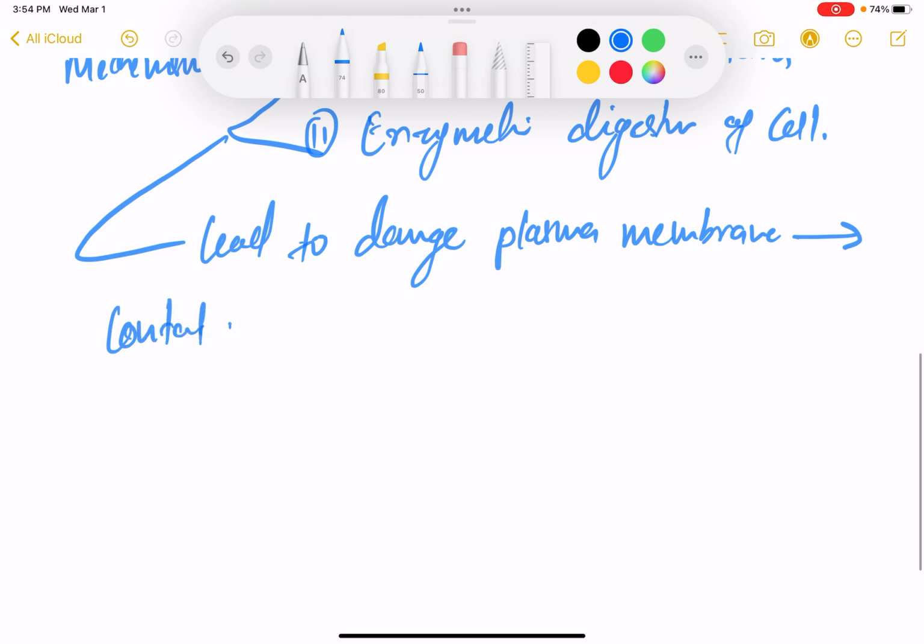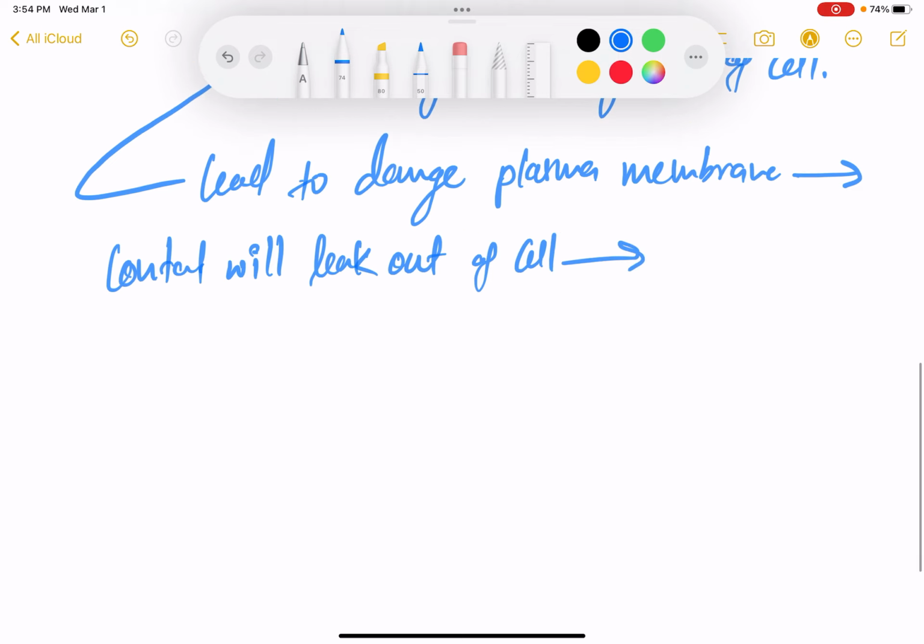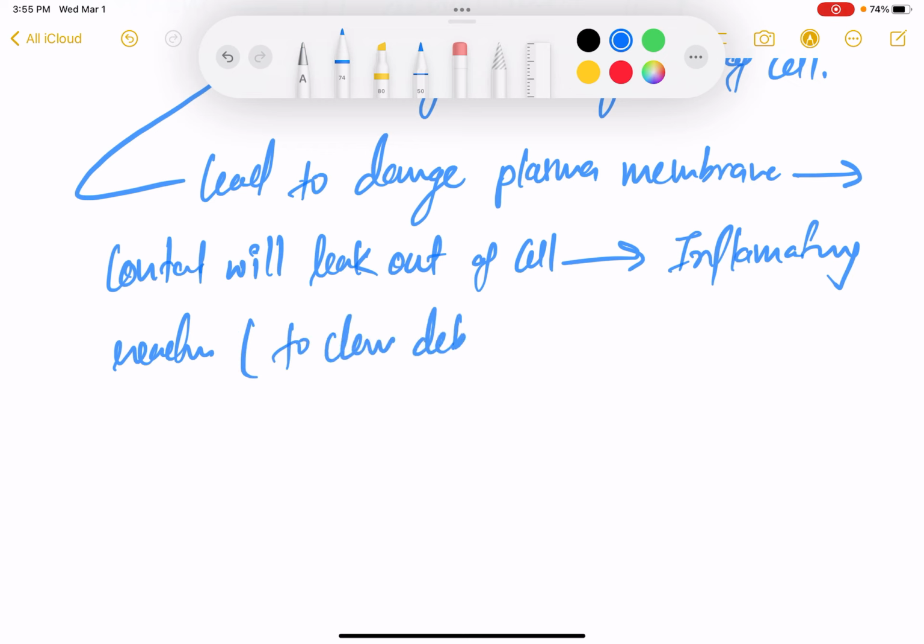When content leaks out of the cell, an inflammatory reaction occurs to clear debris. So there will be accidental cell death.